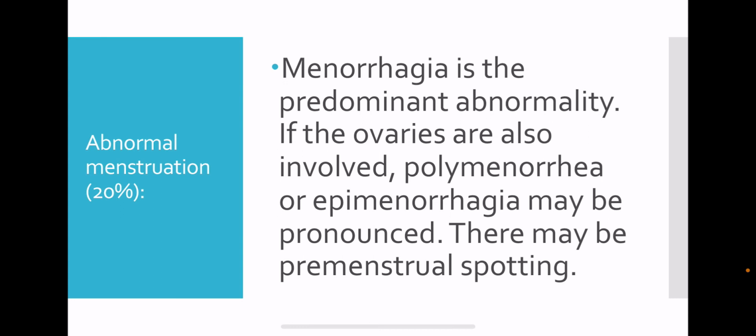Polymenorrhea is when the cycle is reduced to less than 21 days, and epimenorrhea is when the cycle is reduced to 21 days and on top there is excessive bleeding. There may be premenstrual spotting, so before the menses also there might be premenstrual spotting.